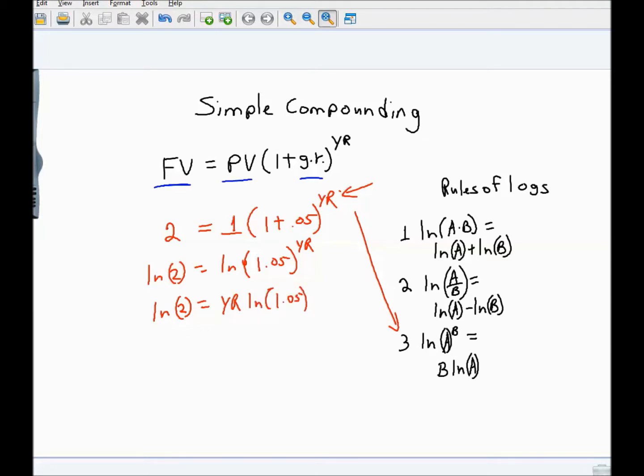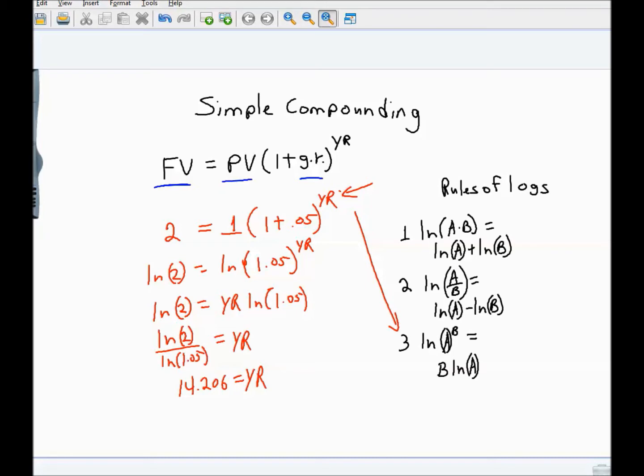And I know that looks really hard, but actually those things are easily found in your calculator. The log of 2 divided by the log of 1.05 equals the year. And when I put that in my calculator, I get 14.206 years.